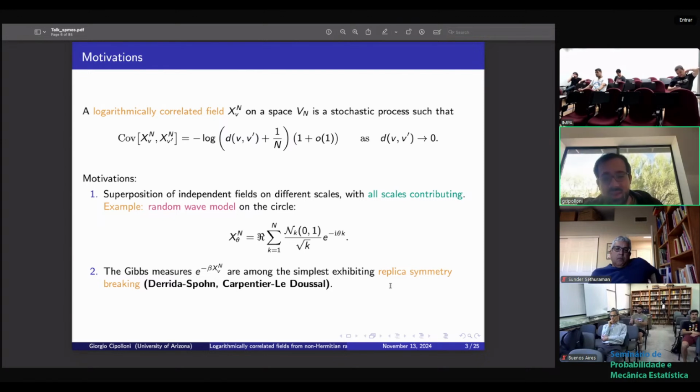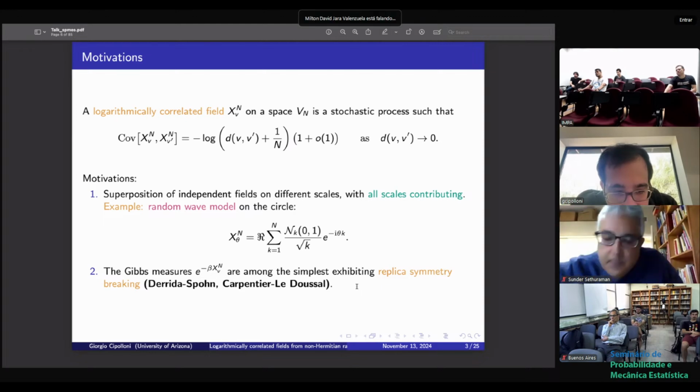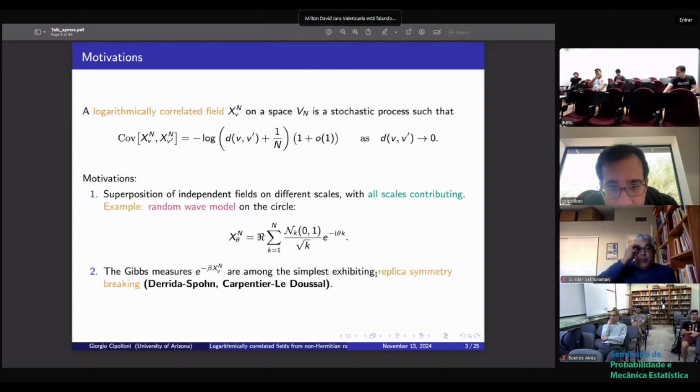Giorgio, may I ask you a question? Sure. So you mentioned this random wave model. Is it somehow a nice way to think about these logarithmically correlated fields, or is it more like an academic model?